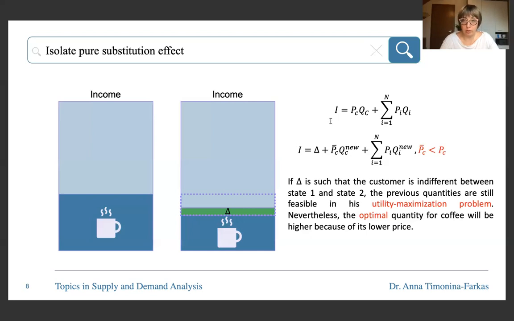The utility function of a customer stays the same, but as soon as he has a lower price here now, he will tend to purchase more coffee than he purchased with his income I and under the price P. The income effect we managed to reduce by the use of this delta, and the substitution effect stayed because of this price. So one can say that because of this utility maximization and the reduction in the price, the consumer will tend to purchase more coffee in the second setup, in this setup.